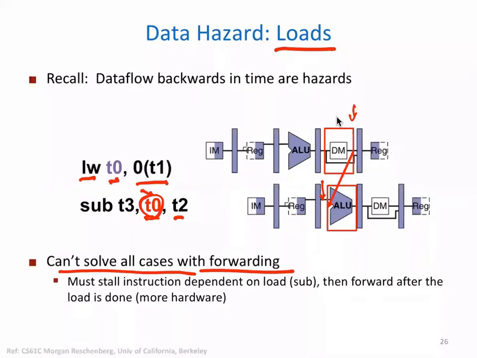There can be instruction combinations where forwarding is not a solution. Hence we must stall the instruction dependent on load, and then forward after load is done.